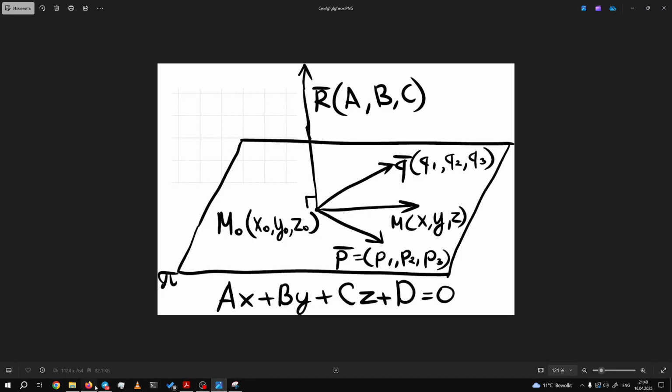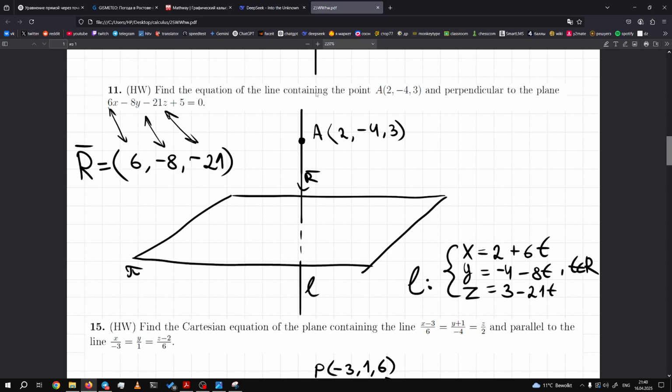This one. Find the equation of the line containing the point A and perpendicular to the plane, and the plane is given by a Cartesian equation. So we need to find the equation of the line.